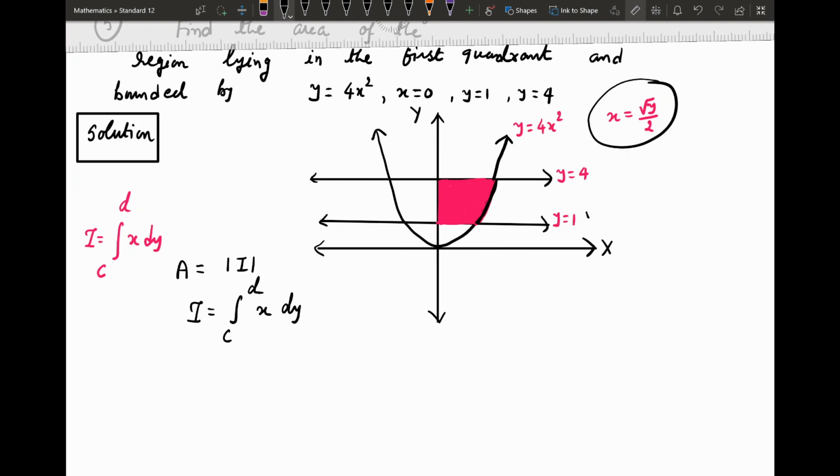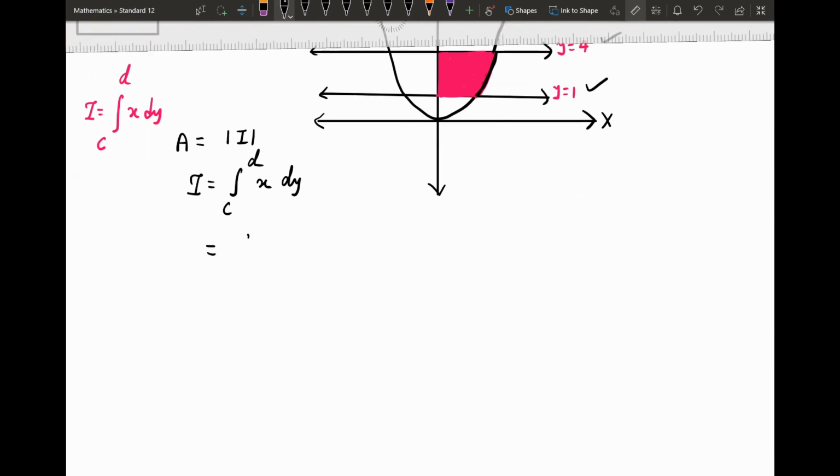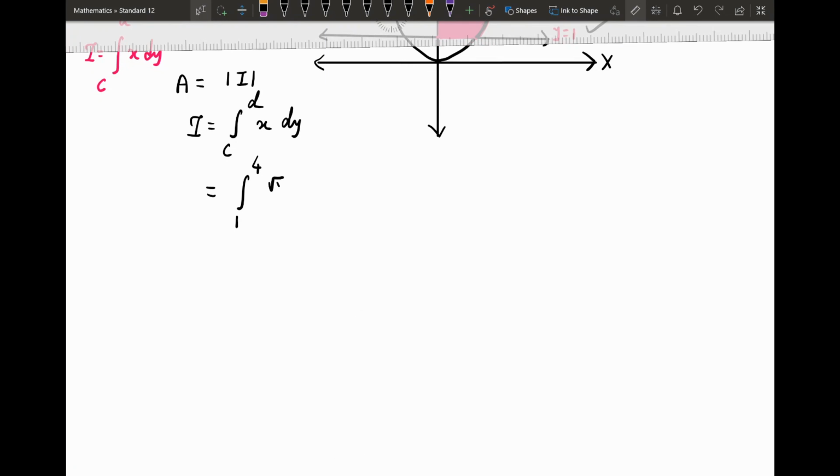The limit means 1 to 4, so integral from 1 to 4 of root y by 2 dy.